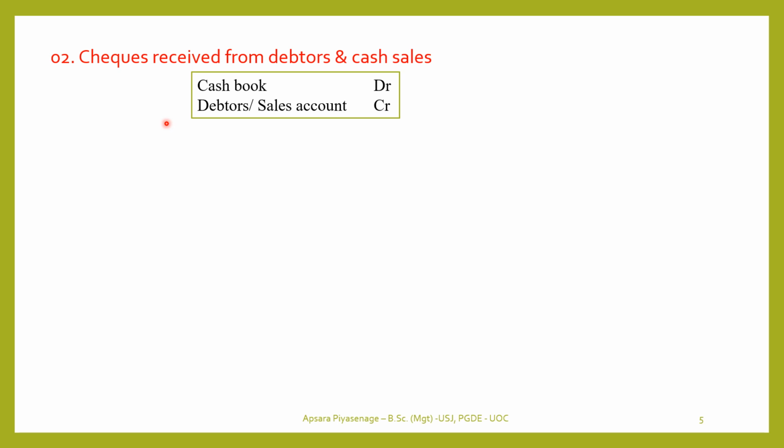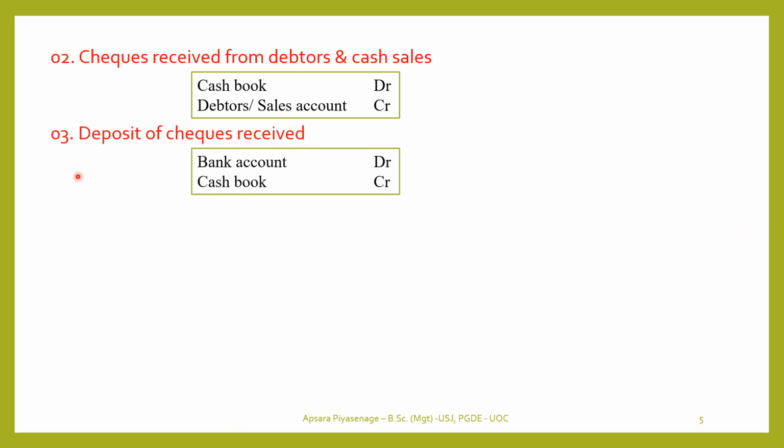They keep the check in the cash drawer until it is deposited in the bank. So when you put the check into the cash drawer, the cash balance will increase. Therefore, we debit the cash book and credit the relevant debtors account or the sales account.